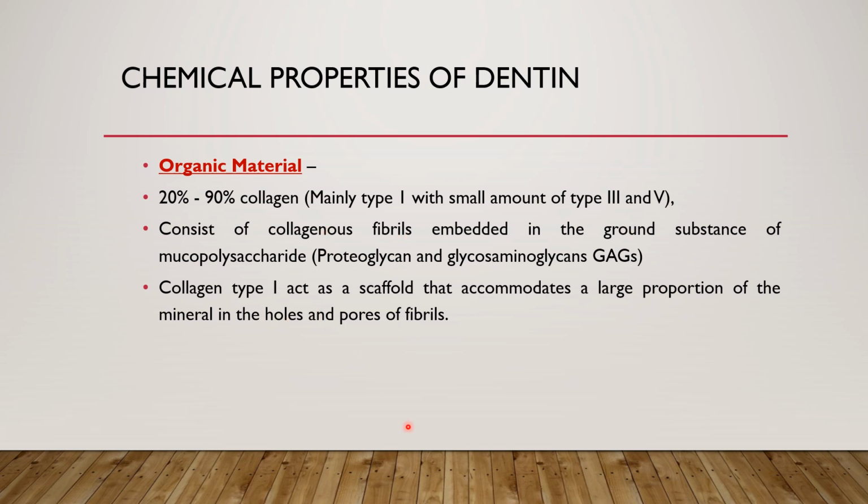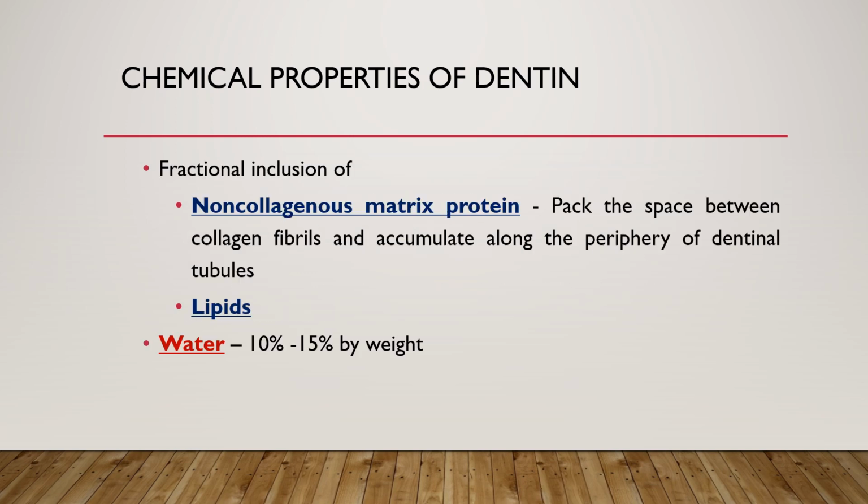Ground substance is the matrix where these collagen fibers are embedded. Mucopolysaccharides are proteoglycan and glycosaminoglycan. Okay. And collagen type 1 acts as a scaffold. A scaffold means providing surface area to accommodate more portions of minerals within the holes and pores of the fiber.